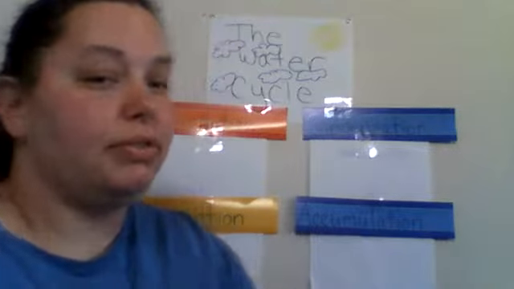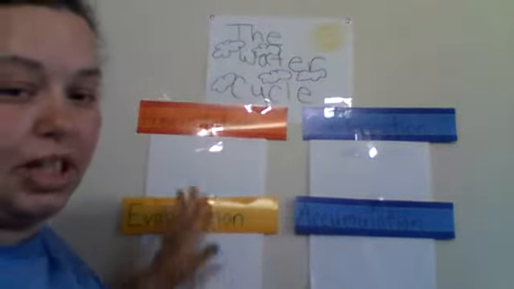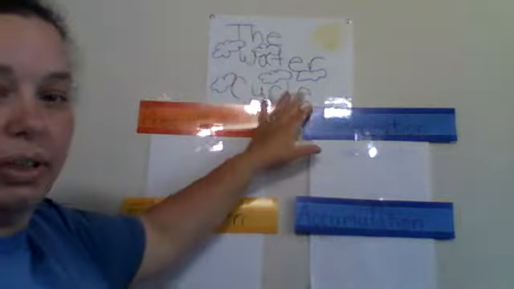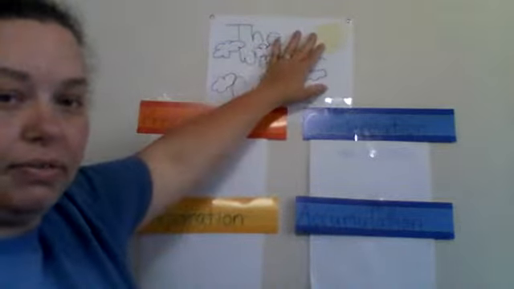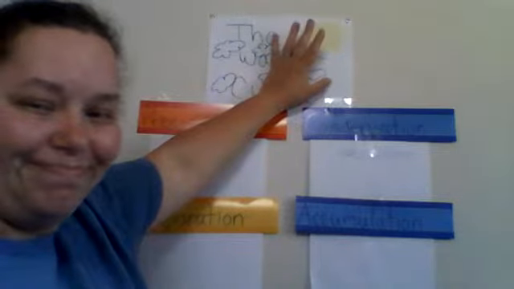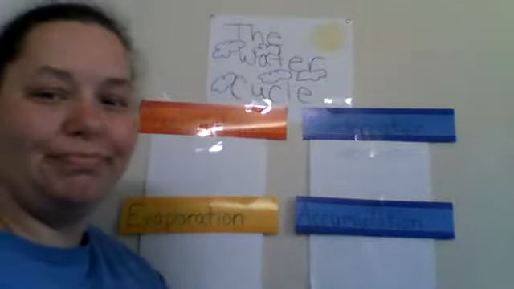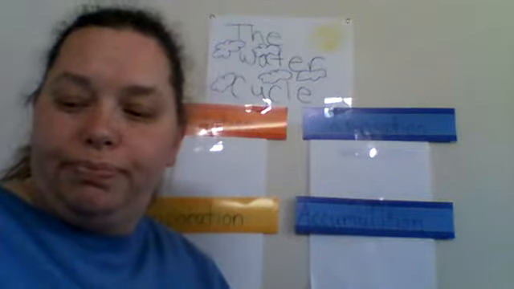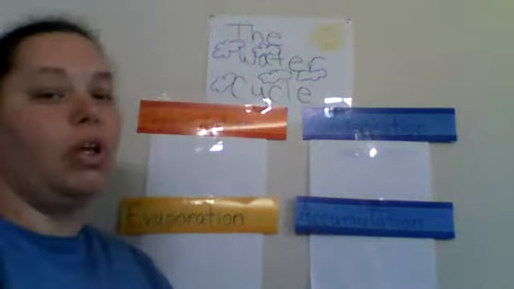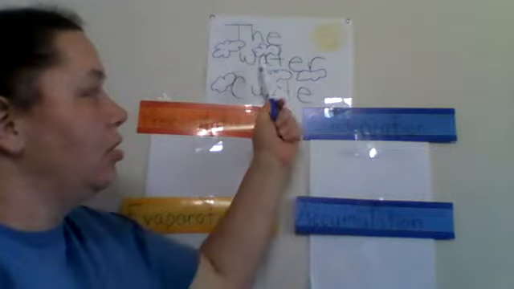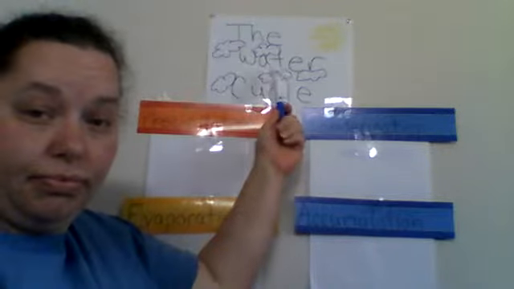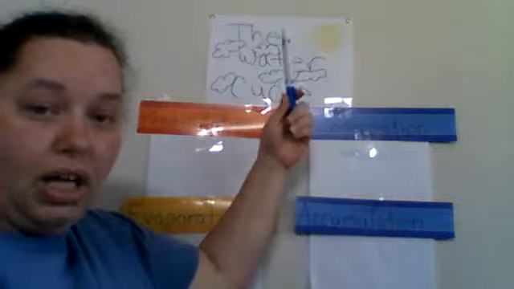So first, I have my little representation of the water cycle. I have my little purple clouds up here, and I have my little yellow sun. Nice and bright and warm. So, the clouds are all up in the sky.